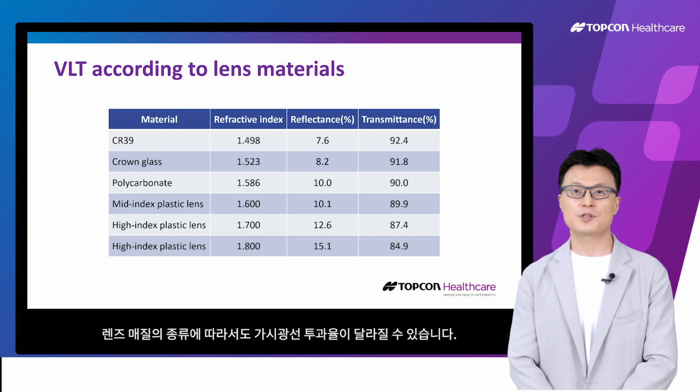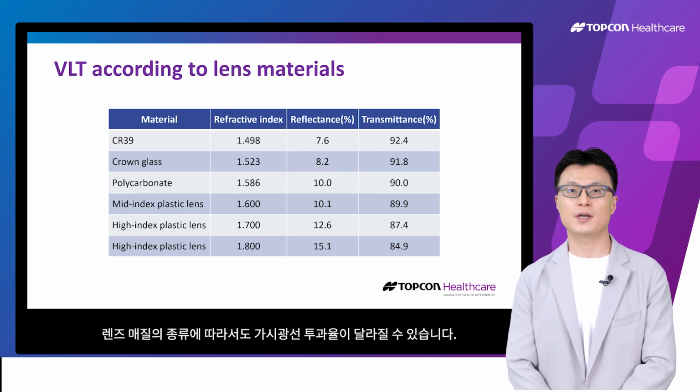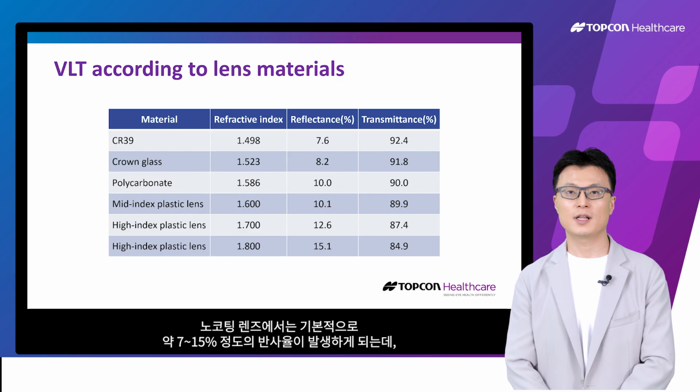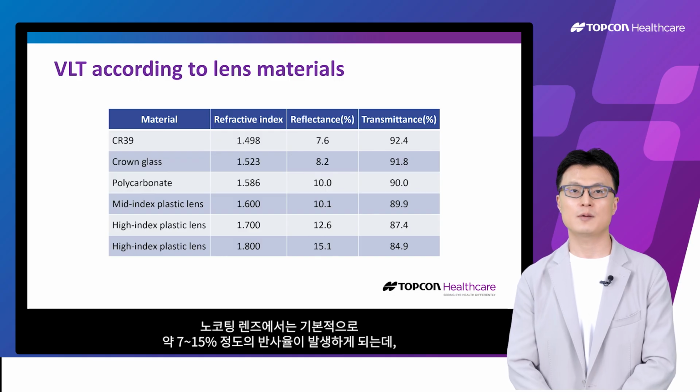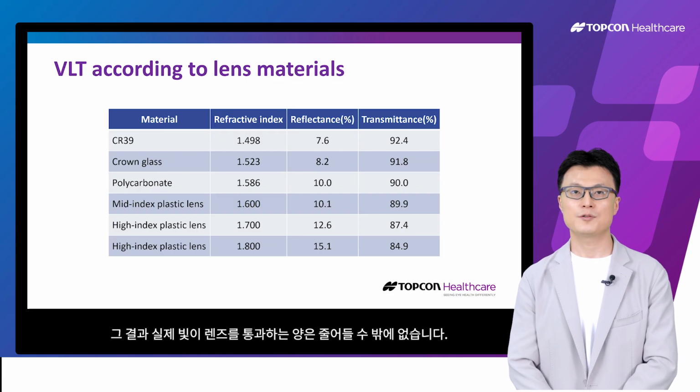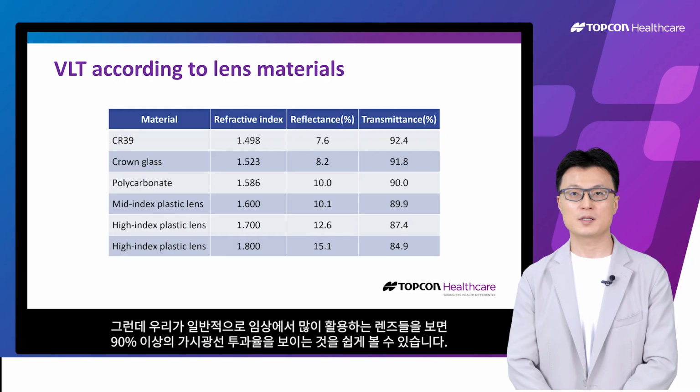The type of lens material can also affect VLT. Uncoated lenses typically have about 7 to 15% reflectance, which naturally reduces the amount of light passing through. But in clinical practice, many lenses we use can have a visual light transmittance of over 90%.